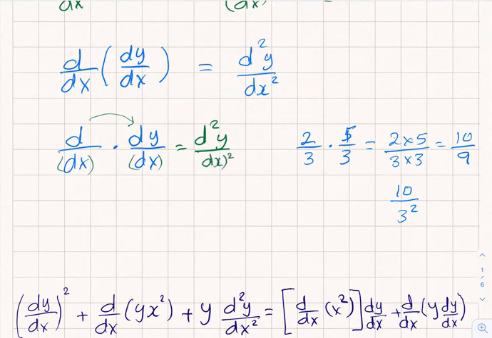I know the notation is written dx squared, but that's what it really means: dx times dx. I hope this is clear.